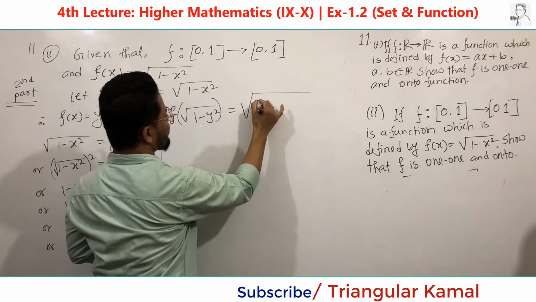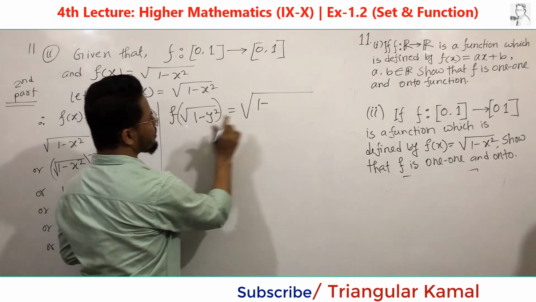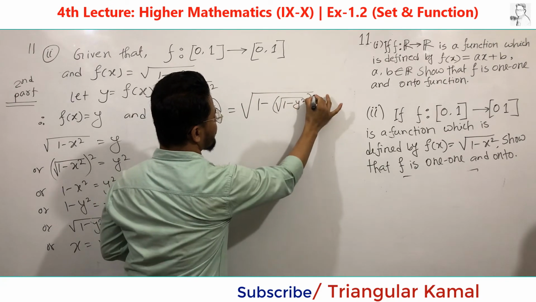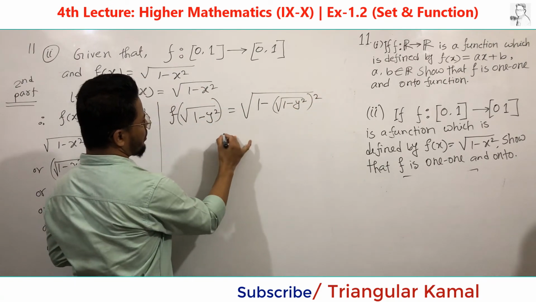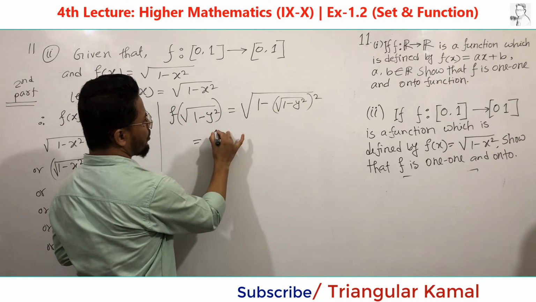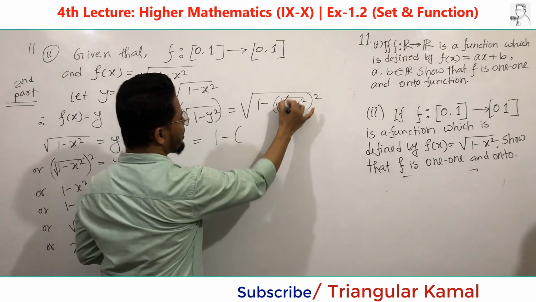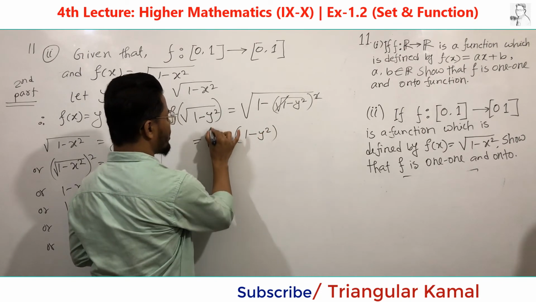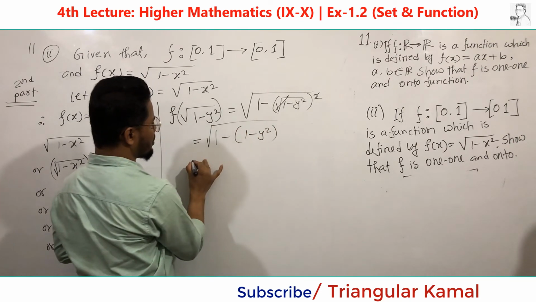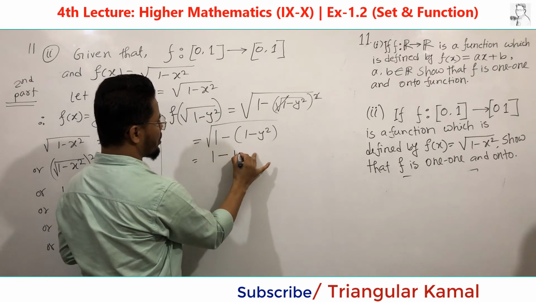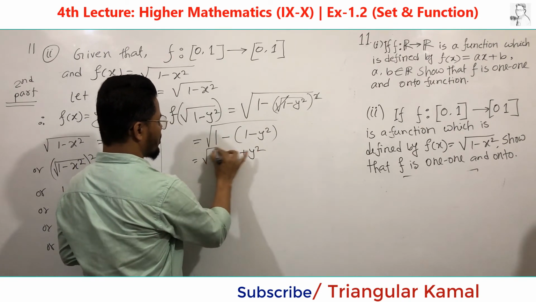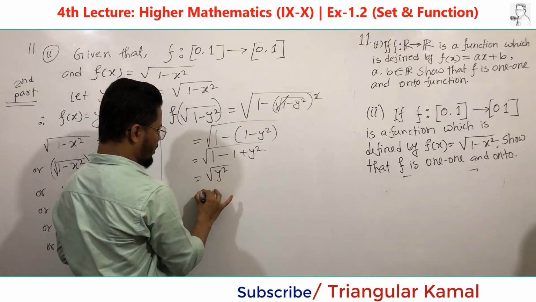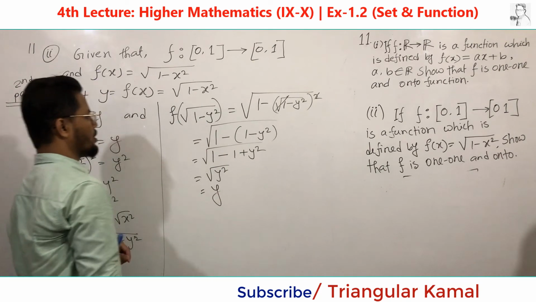Then this will be 1 minus (root over 1 minus y squared) whole squared. Now eliminating square and root, we get 1 minus 1 plus y squared, and eliminating minus 1 and plus 1, finally you will get y.